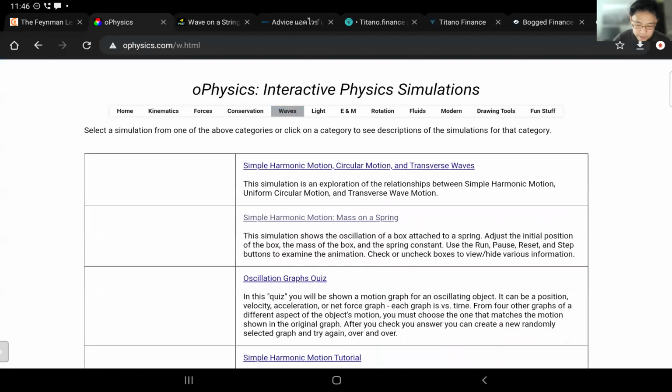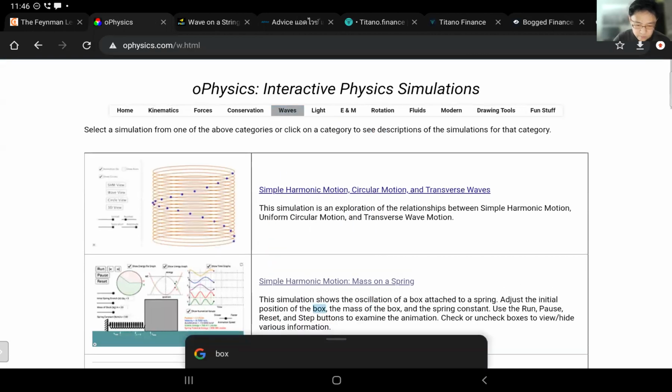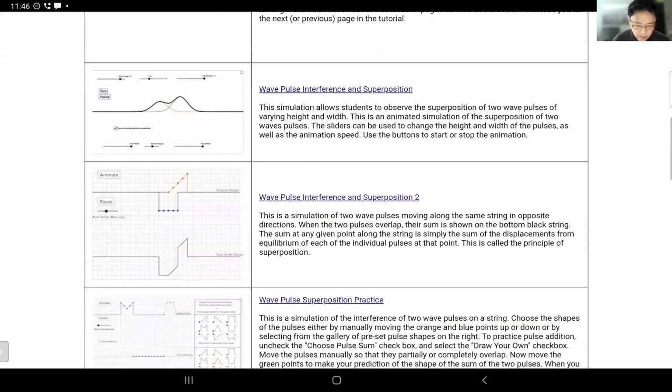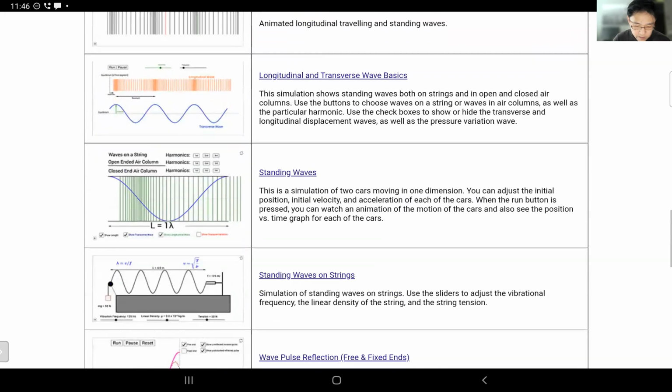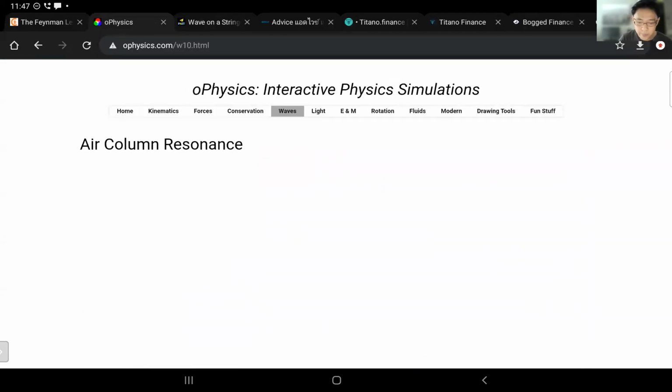What I'm doing over here is the wave, air column resonance. This is the one that I sent you the link for.